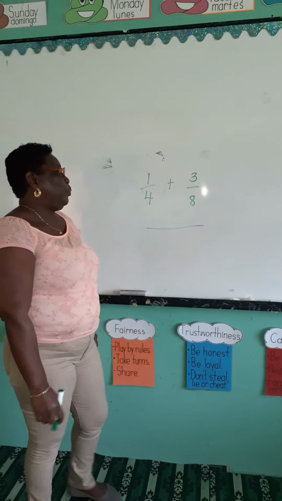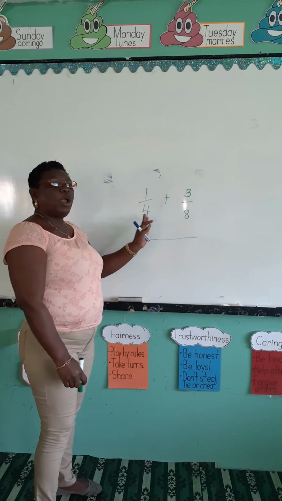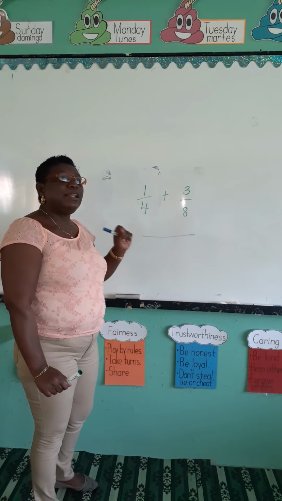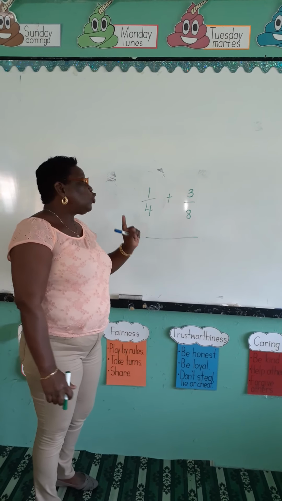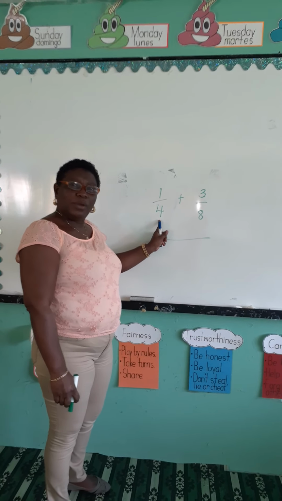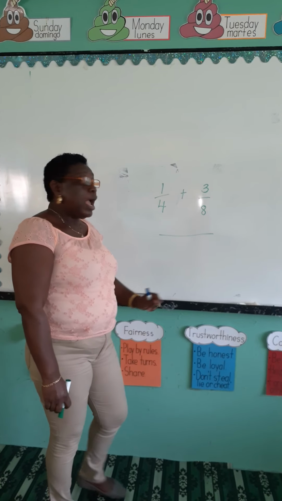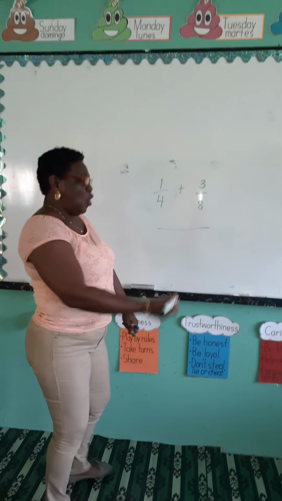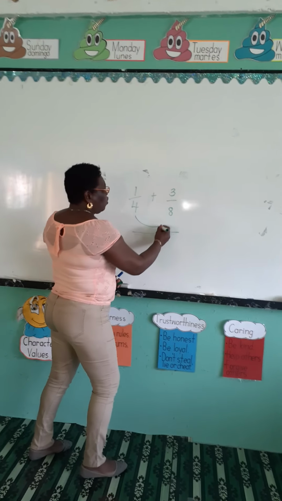So let's look. We have 4 and we have 8. We know that LCM means finding the lowest common multiple. We know the multiples of 4 and the multiples of 8. But now let's look at it this way.